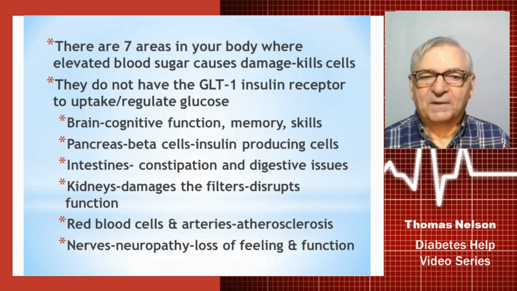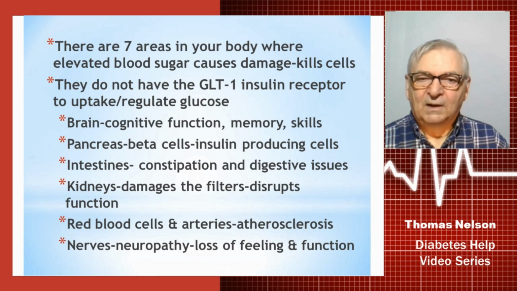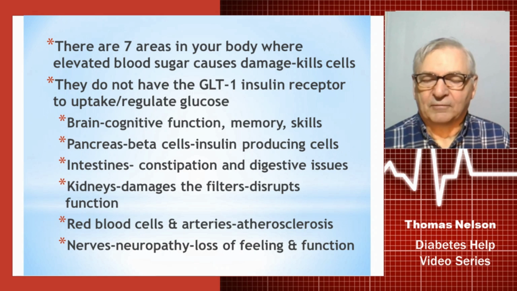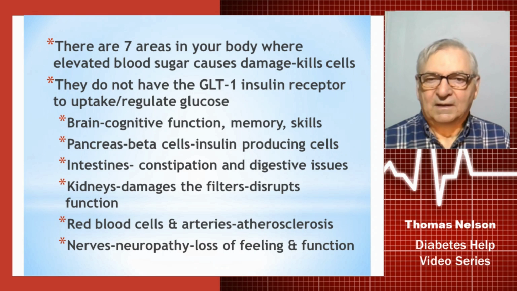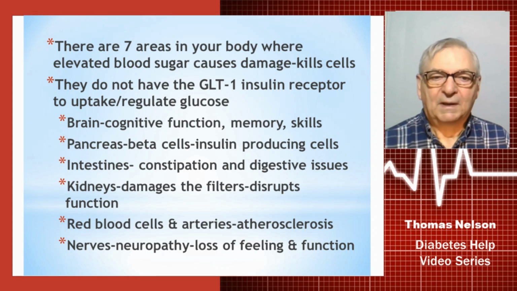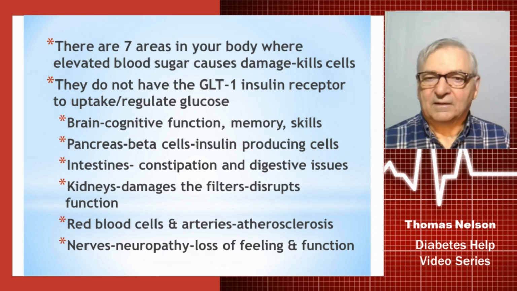Nerves, neuropathy loss. Your nerves are impacted in a couple of ways, not only through this glucotoxicity, but also because of damage to the capillary blood vessels that feed those cells when the blood sugars are high. So neuropathy will develop, and that means that these nerves are going to die, not only because of glucotoxicity, too much glucose entering them, but also because they're starved out by damaged capillary blood vessels.